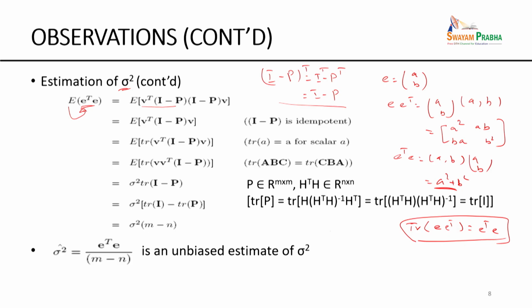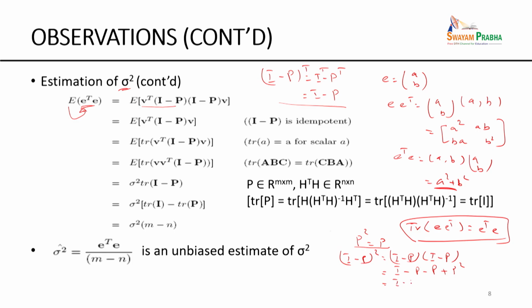I also want you to remember one more thing: P square is P. Therefore, I minus P square is equal to I minus P times I minus P. Let's calculate that. That's equal to I minus 2P plus P square. But P square is P, it is idempotent.